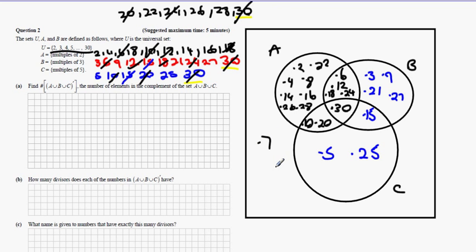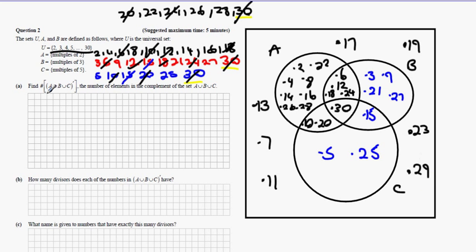8 is there, 9 is there, 10 is there, 11 is not there. 12 is there, 13 isn't there, 14 is there, 15 is there, 16 is there, 17 is not there, 18 is there, 19 is not there, 20 is there, 21 is there, 22 is there, 23 is not there, 24, 25, 26, 27, 28, 29 is not there, and that's the cardinal number.